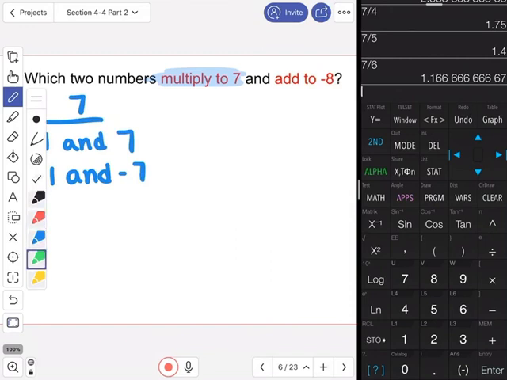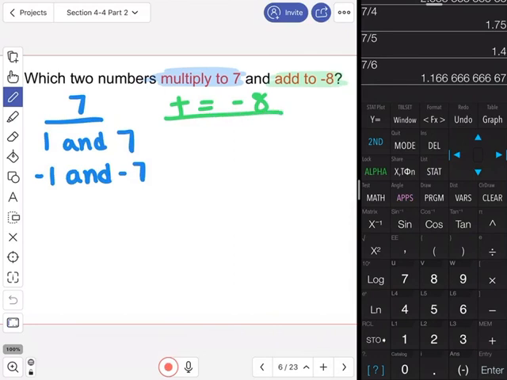Now, of those 2 possibilities, we have to figure out which pair adds to negative 8. So if we want to check which ones add to equal negative 8, I have to add straight across. So if I add 1 plus 7 equals positive 8, and then the next one I have negative 1 plus negative 7 equals negative 8.